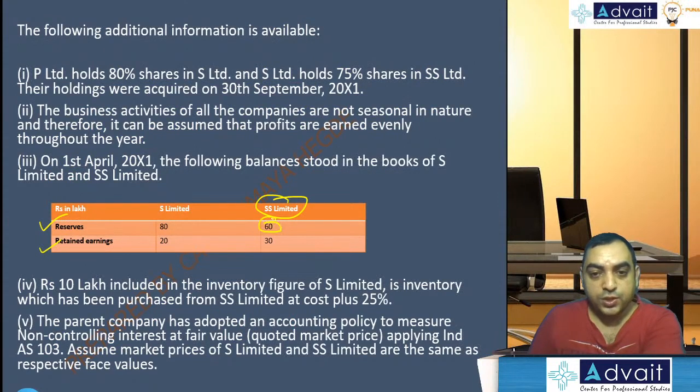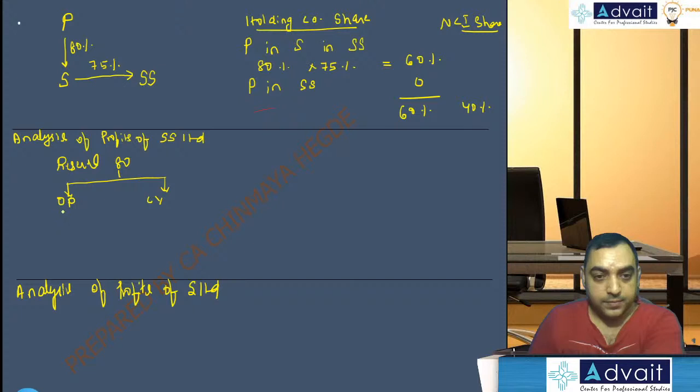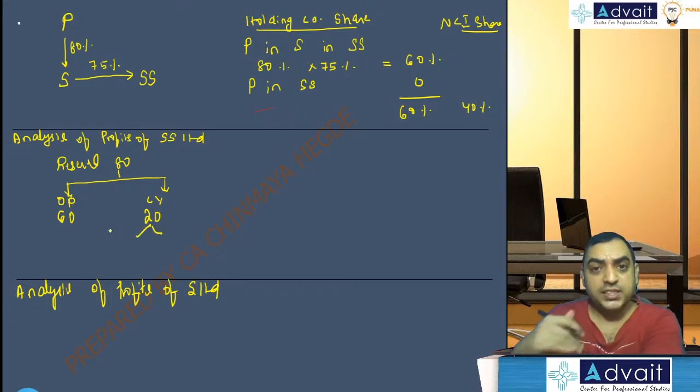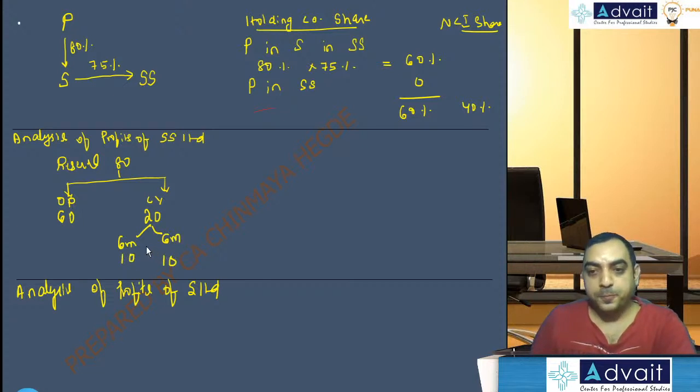SS Limited reserves opening balance is 60, and therefore the current year comes to 20. Now within 20 we have to divide into two parts: 6 months up to 30th September, and after September. My handwriting is not good, hope you are able to understand. Similarly, I'll come to retained earnings.